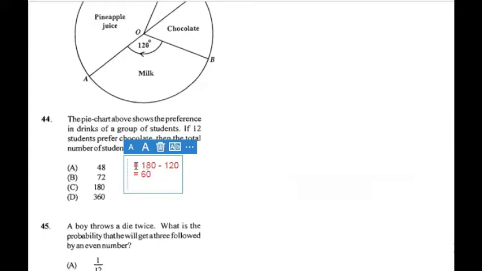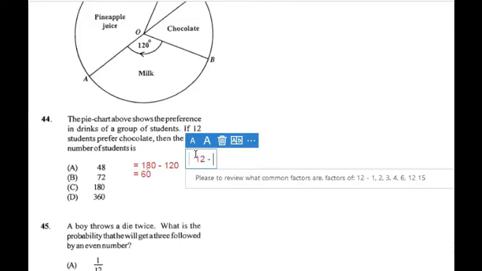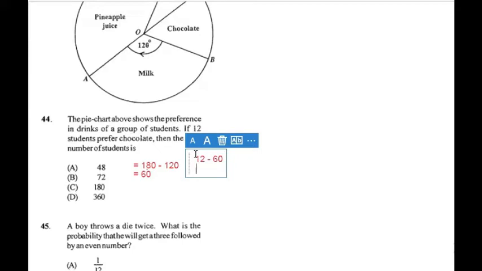So therefore 12 students correspond to 60 degrees, and we are looking for how many students took part in the entire survey, which is 360 degrees for the entire circle. So we're cross multiplying to solve for x. So it is 360 multiplied by 12, and all of that is divided by 60.